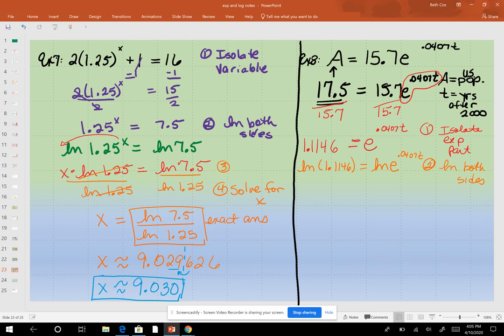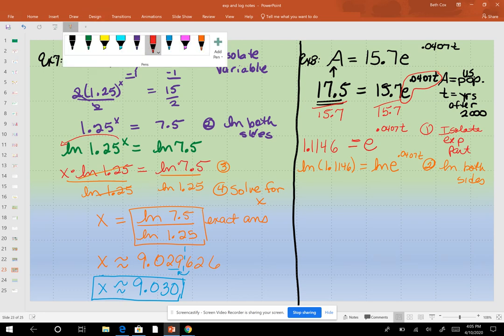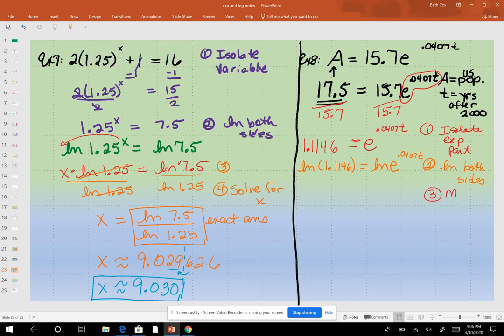Okay. Now remember, step 3 is to move the exponent. So this is going to get to go to the front right there. So this is going to give me the natural log of this 1.11 is 0.0407t times the natural log of e.